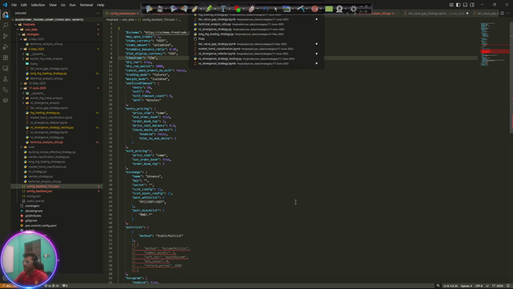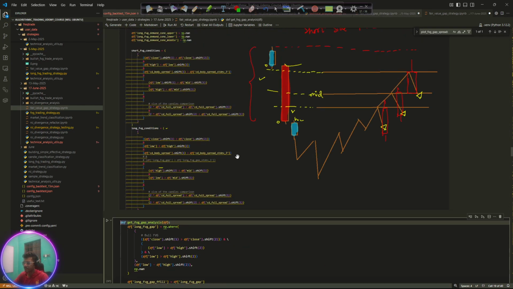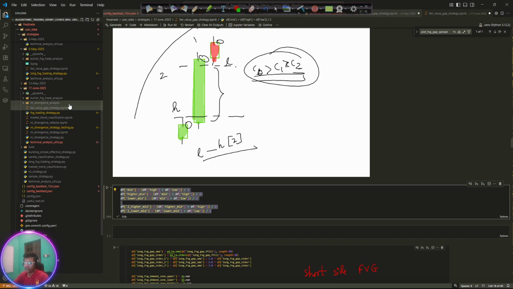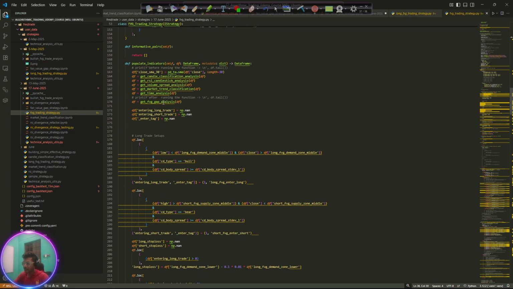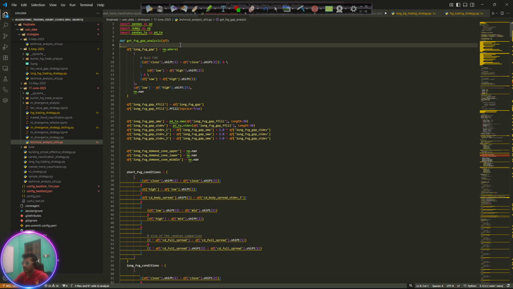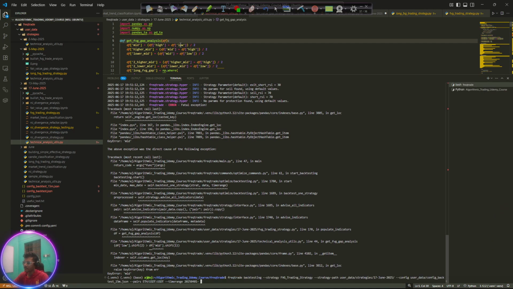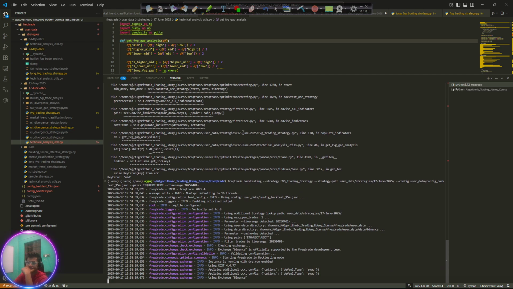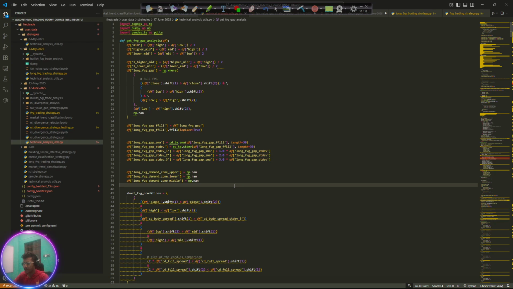Midpoint is not there, so I need to put the midpoint there. These calculations. Let's just bring it here. Get RR ratio target 2 is not defined. Why?